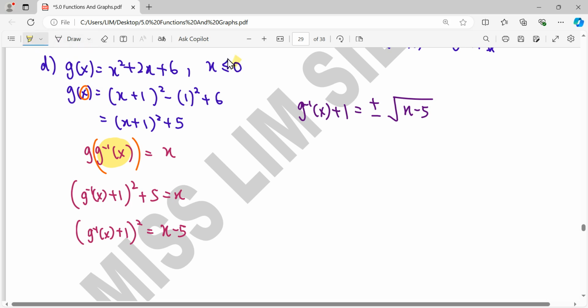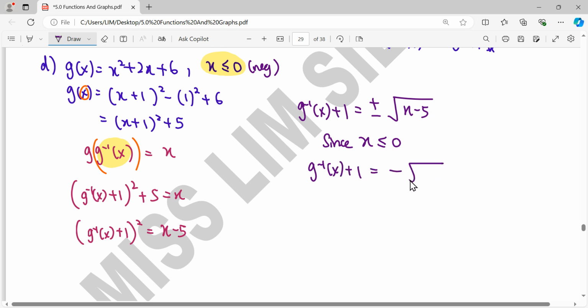Then we refer to the domain that is given. Since x is less than 0, this means we take the negative part of the function to be inverted. So therefore, our inverse result should give us the negative answer. So finally, simplify this. Move the 1 back to the right hand side. It will be minus 1.